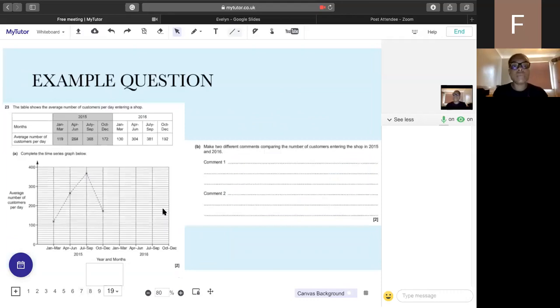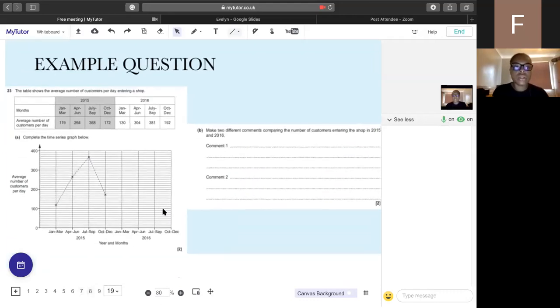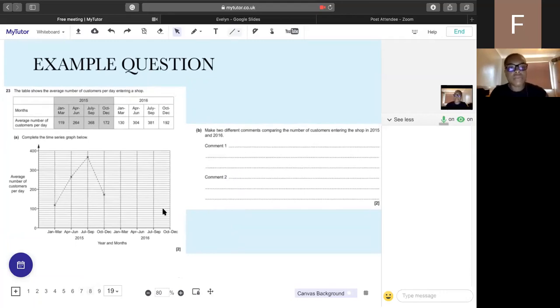An example question is one here. The table shows the average number of customers per day entering a shop. In our table we've got the months, and they've split them into quarters, similar to the seasons but not quite. It's got 2015 and 2016.